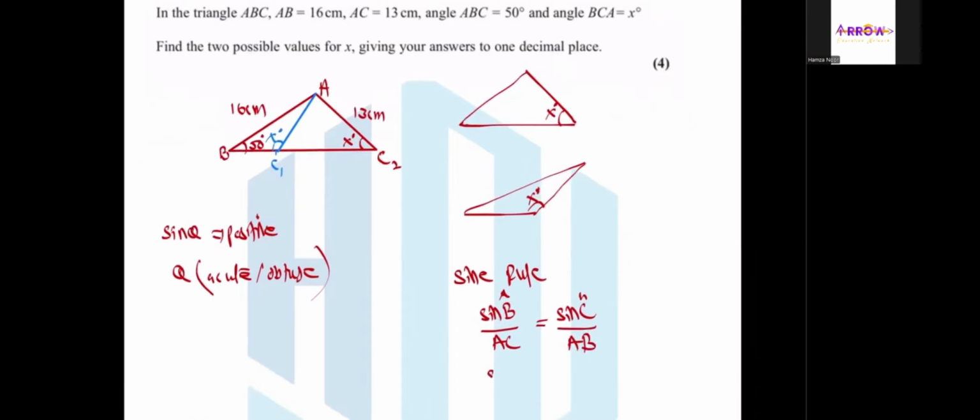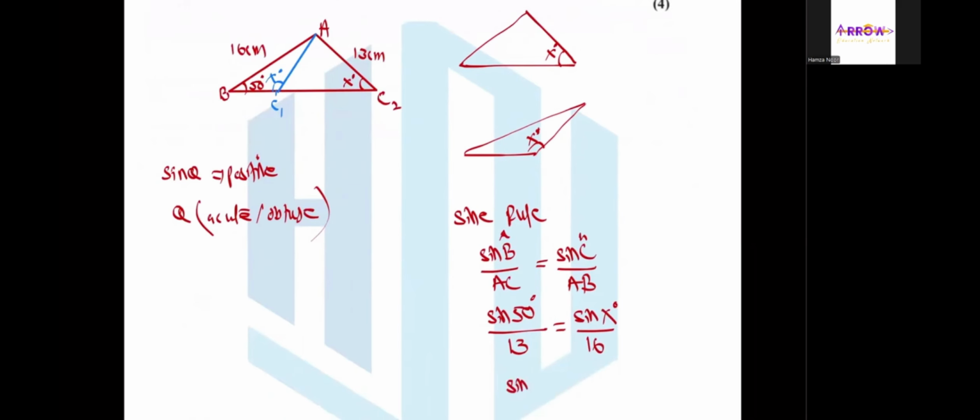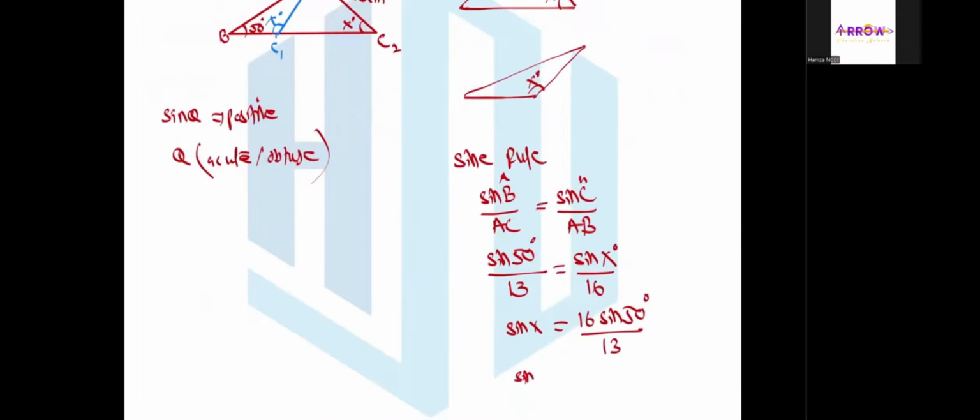So sine 50 degrees divided by 13 is equal to sine X divided by 16. So sine X will be equal to 16 sine 50 divided by 13. The value of sine X is a positive value.